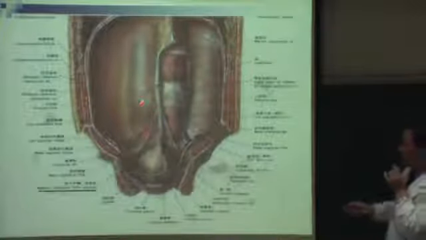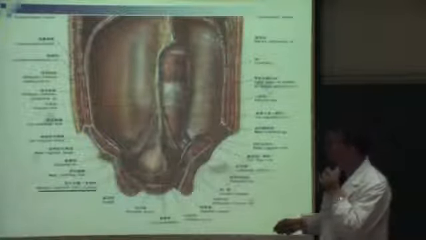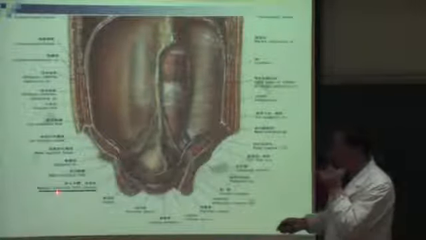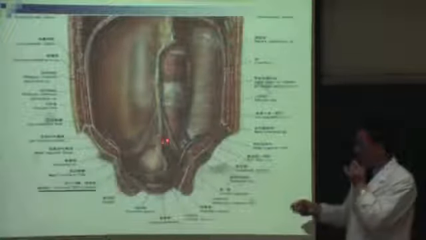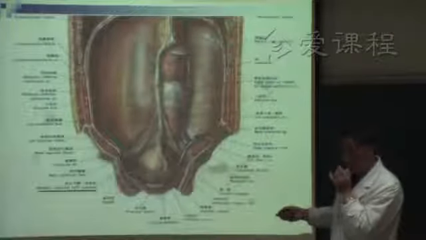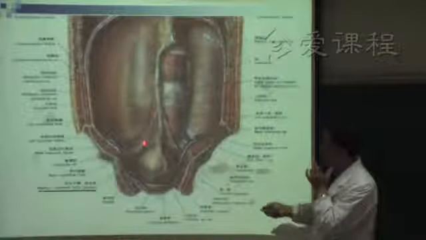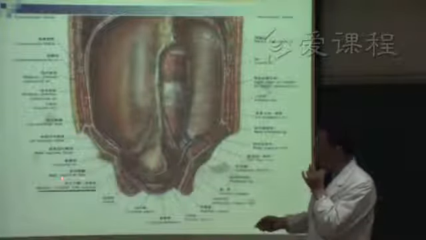There are some folds. One is the middle one. It's called the median umbilical fold. Why does it form a fold? There's something within it.